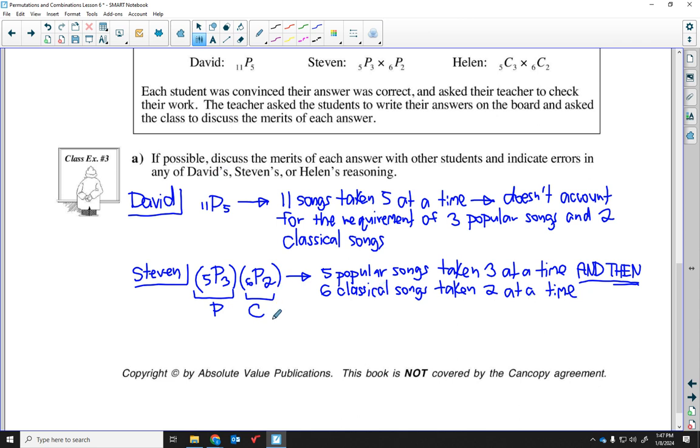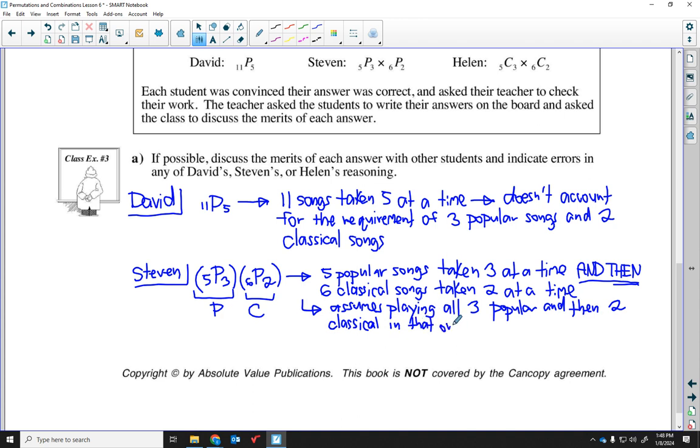So the problem with this one is that it assumes playing all 3 popular songs, and then 2 classical, in that order.